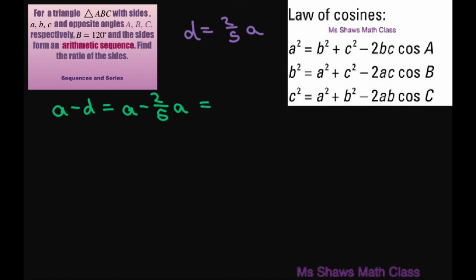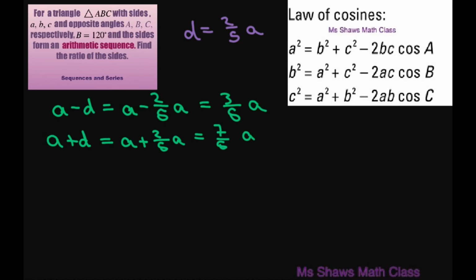All right, so that's your first term. Remember that. So that equals 3/5 a. And a plus d, that was that longest side. That's going to be a plus 2/5 a. I'm just substituting everything in. This gives you 7/5 a.